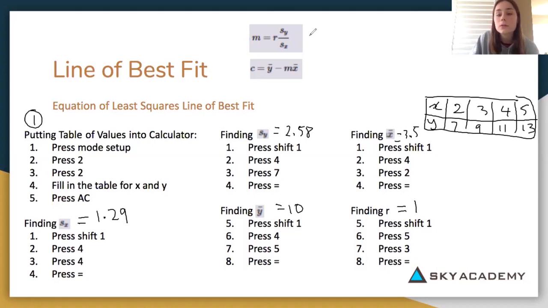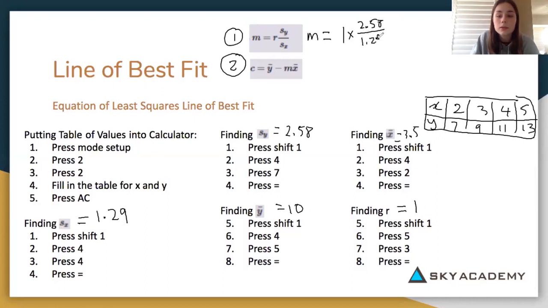So the first one we want to do is M. You need to find M first, and then you need to find the y-intercept, because as I explained before, you need to have the M in your second equation. So obviously you need to calculate it first for it to then be in your second equation. So M equals 1 times SY, which is 2.58, over 1.29.